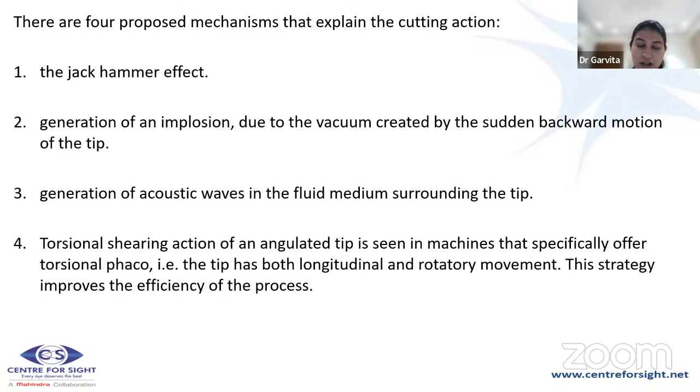Acoustic waves are created in a 360 manner in the fluid medium around the tip every time it oscillates, which further breaks down the surrounding nuclear pieces. Fourth, the torsional shearing action of an angulated tip. There are various types of tips available. The torsional shearing action of an angulated tip is seen in special machines with torsional Phaco, where the tip has both longitudinal and rotatory movements.